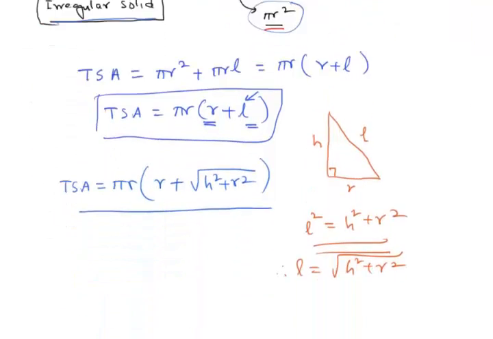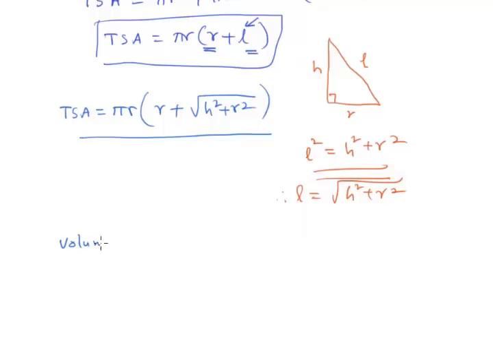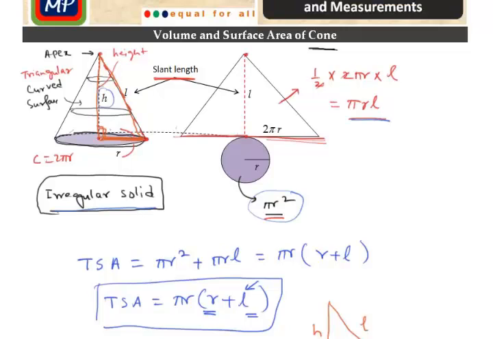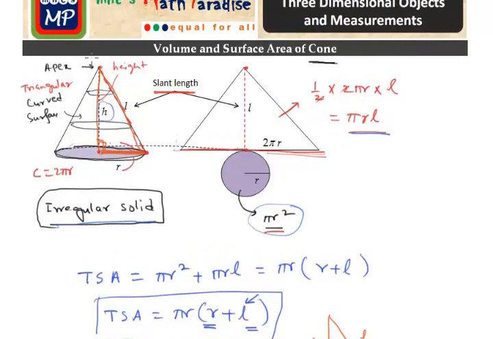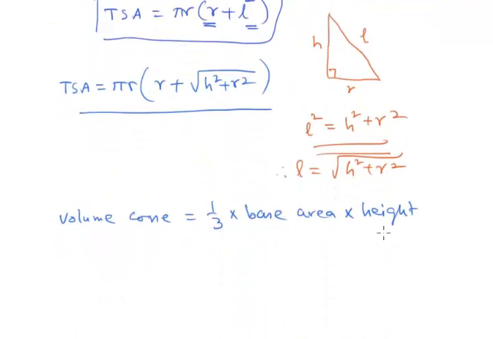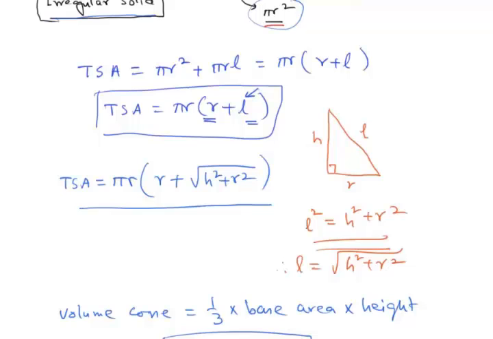The volume of a cone is 1/3 of its base area times height. The base area is pi R square and the height is H. So the volume formula will be 1/3 pi R square H, and the total surface area will be pi R (R plus L), or instead of L we can use the square root of H square plus R square.